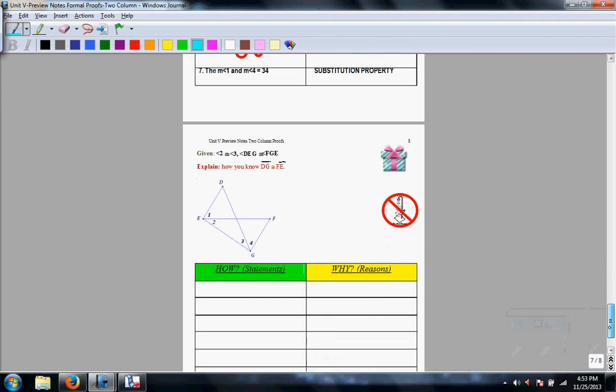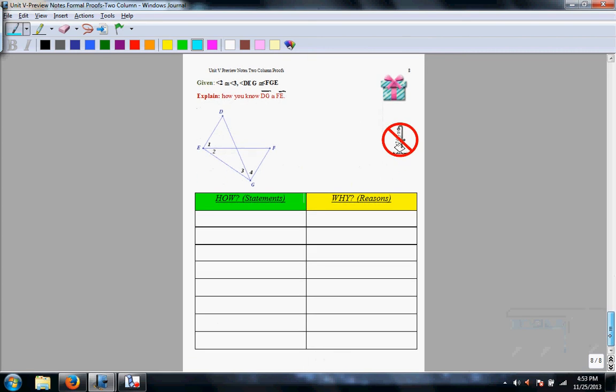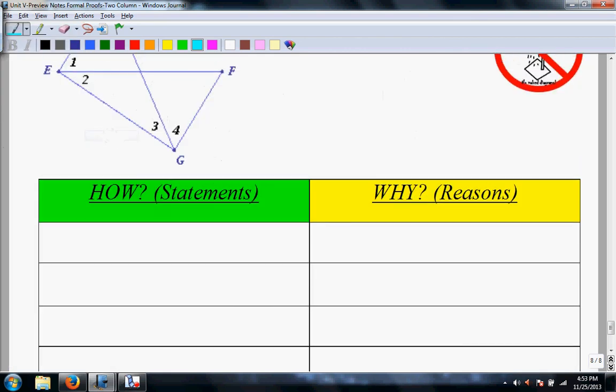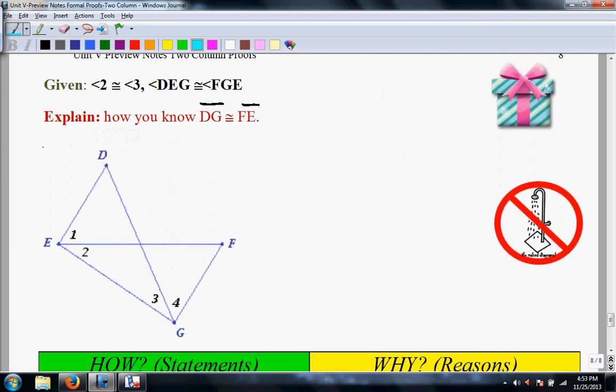I think you need one more. Let's practice one more here. We're given the fact that angles 2 and 3 are congruent. So I'm going to write 2 and 3 are congruent.